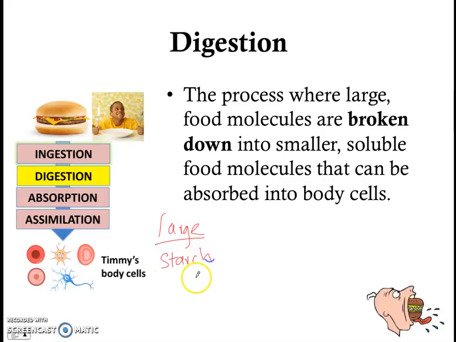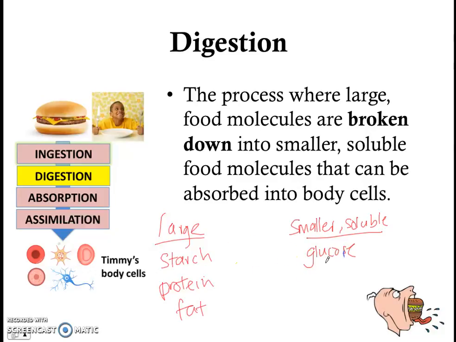Starch, a complex carbohydrate, right, protein, and fat. They need to be broken down into smaller and soluble food molecules. So for example, we learned that starch eventually is broken down to glucose, right? Proteins, yep, amino acids. And fats are broken down into your fatty acids and glycerol.